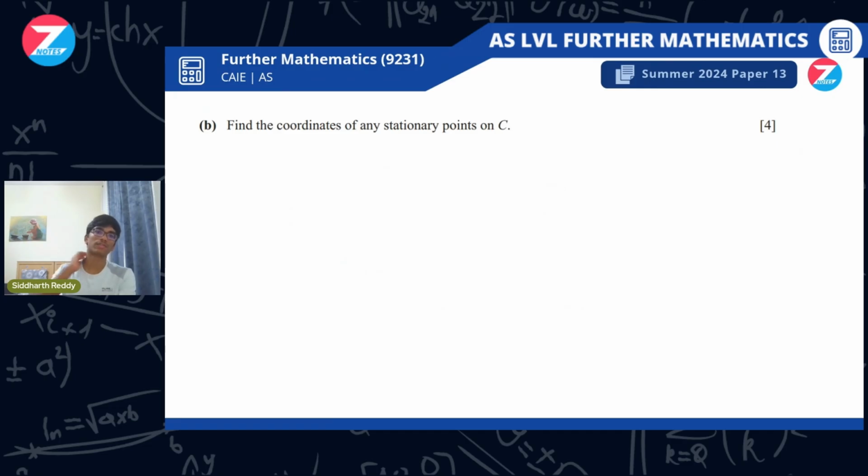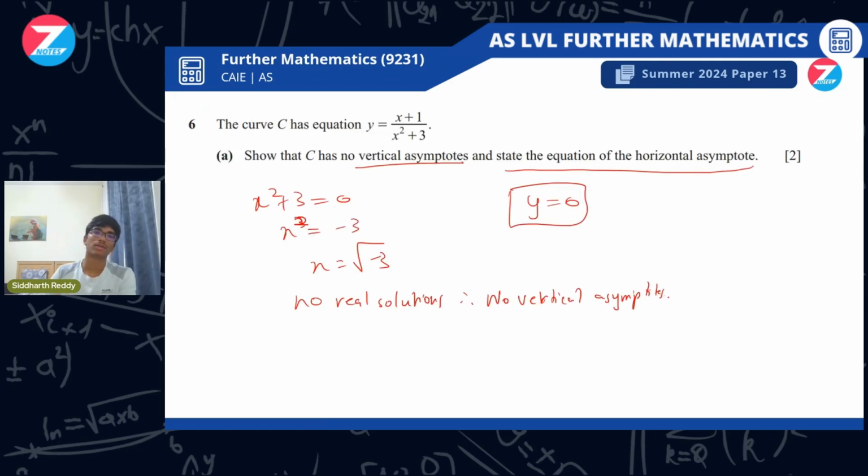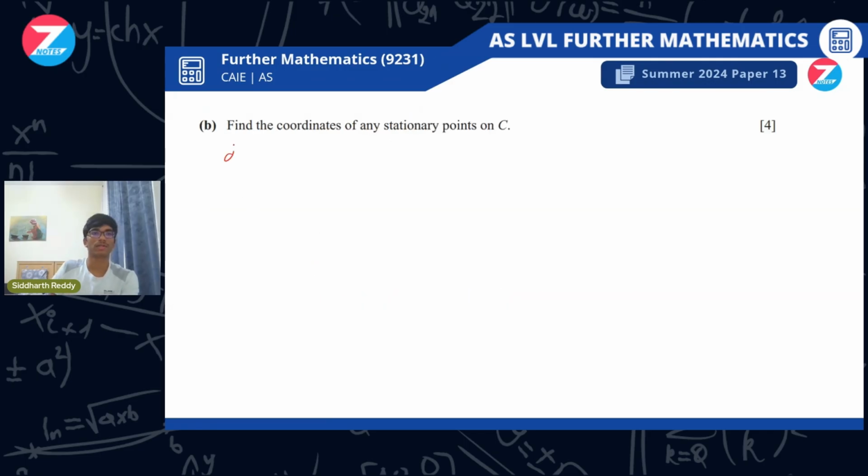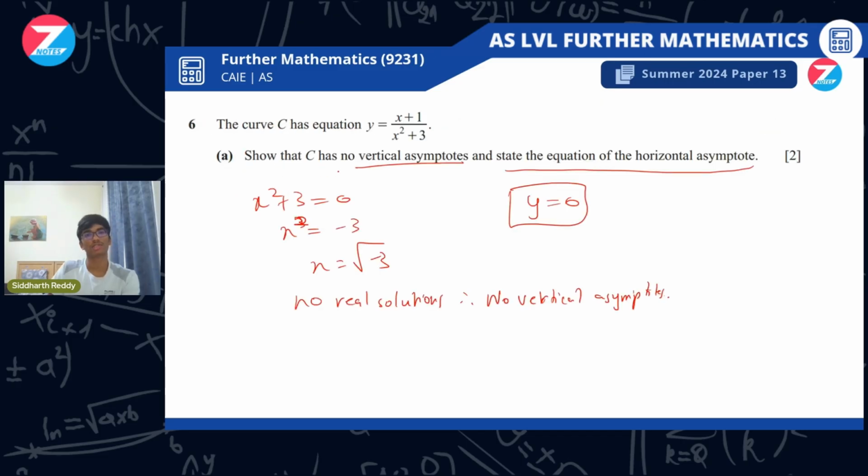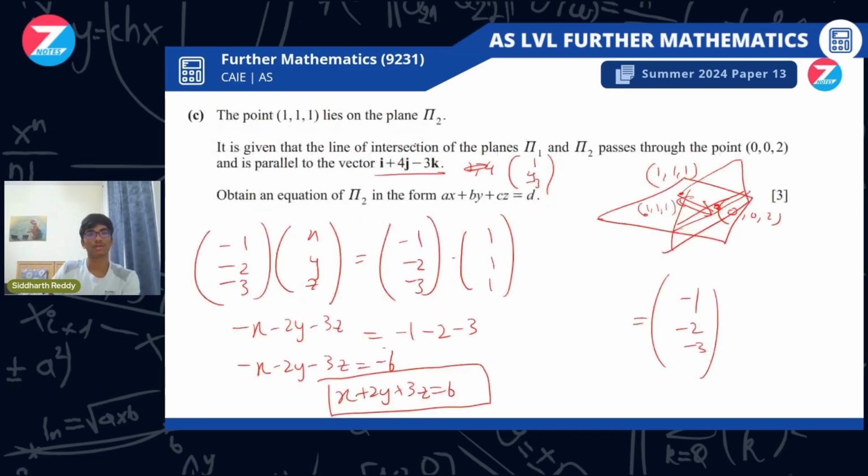Find the coordinates of any stationary points on C. Okay, so stationary points happen when dy by dx is equal to 0. So let's calculate dy by dx of this one.